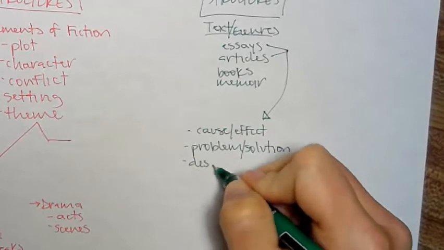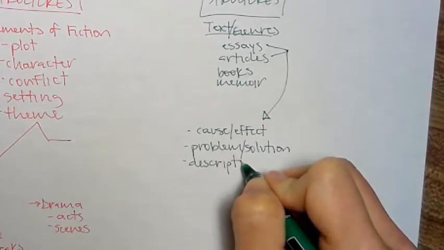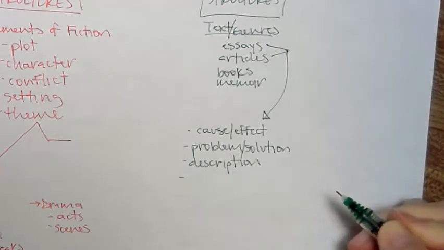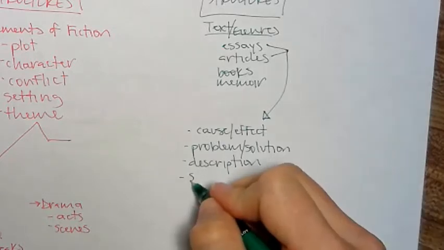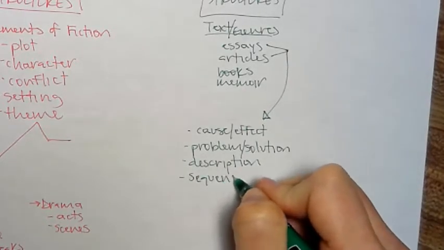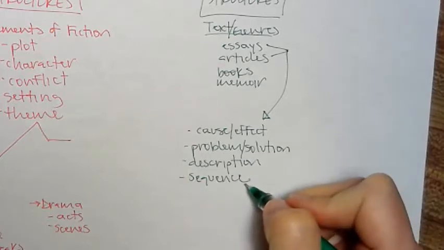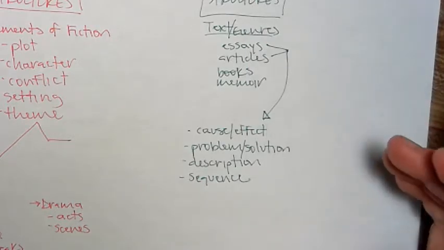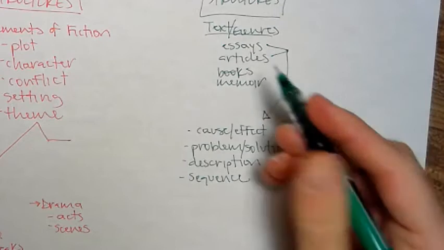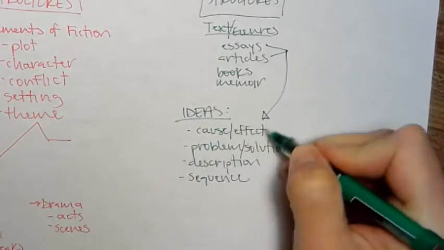It could just be a description, like a descriptive piece, where they're just sort of maybe describing their personal perspective on an issue, or it could also sequence a process. So this might be more instructional, like a how-to article or something. Anyways, those are sort of larger structures of how the ideas are organized. So this is about ideas being presented in a certain way.